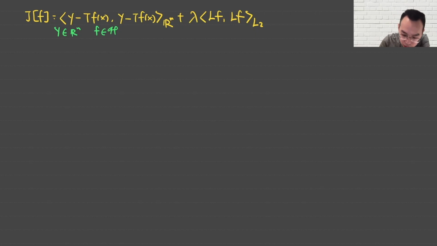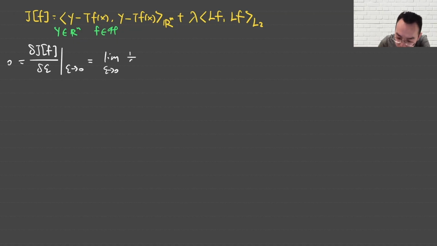Remember that we can define the functional derivative in this way: we want to set this functional derivative equal to 0. So we have the limit as epsilon goes to 0 of 1 over epsilon times the following. The first term: we're going to perturb the function f with epsilon h, so it's the norm of y minus T(f plus epsilon h), minus the norm of y minus T f.